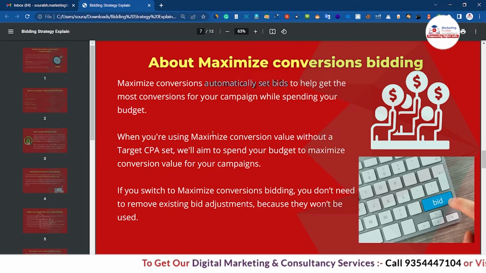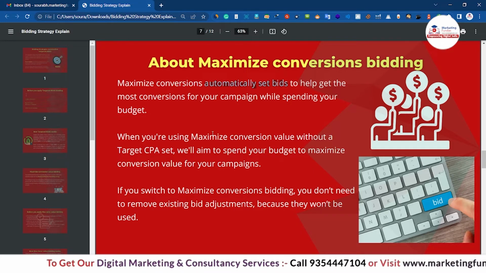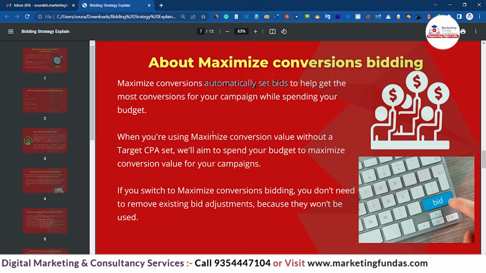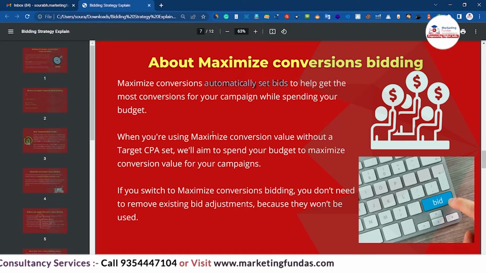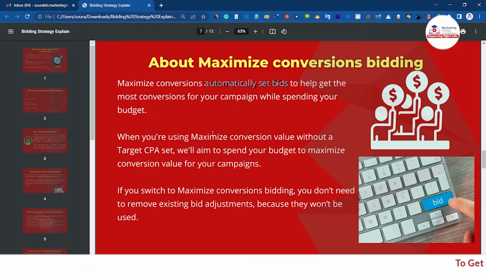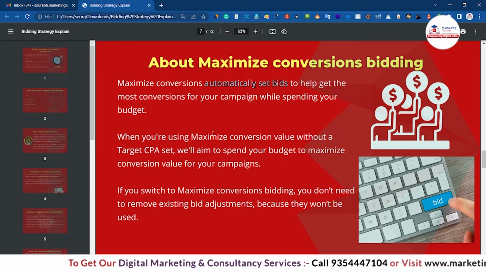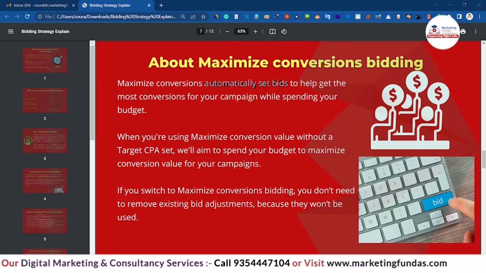But if you switch your bidding strategy to maximize conversion bidding, you don't need to remove your existing bidding strategy, because maximize conversion bidding doesn't use that CPA set or your bidding strategy. It uses its own AI system to set bids, and it changes the bidding as per the performance.